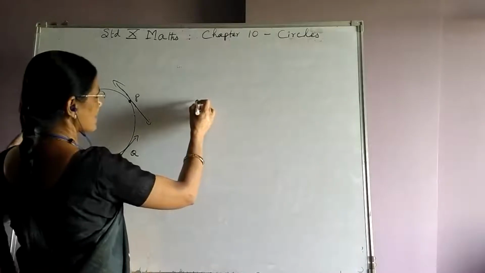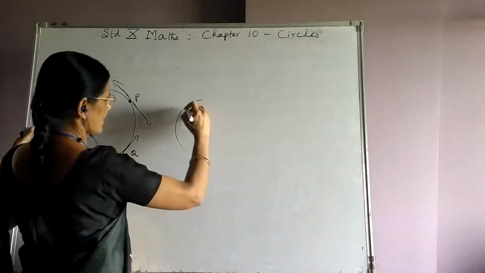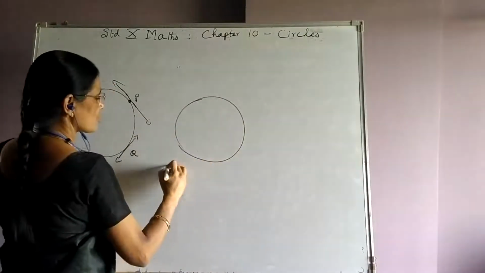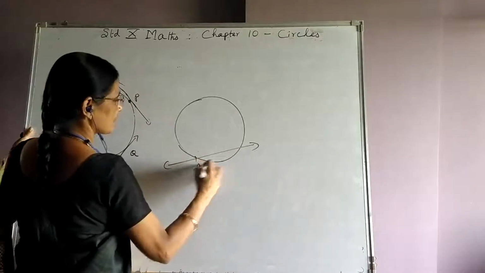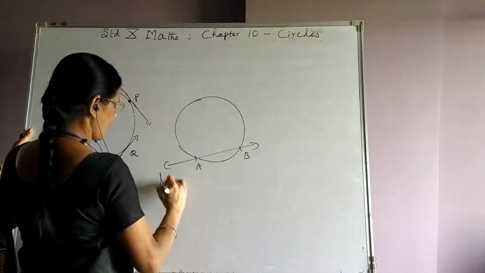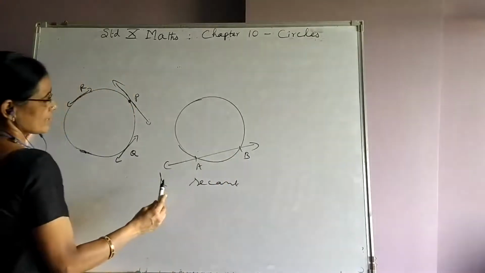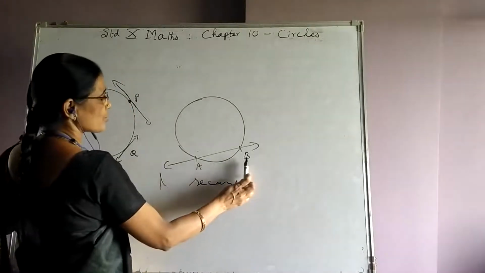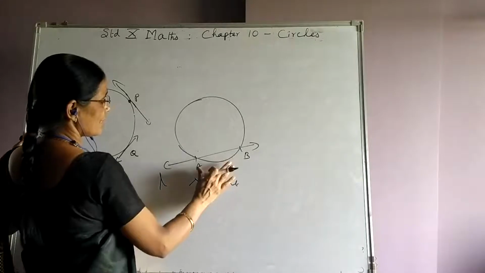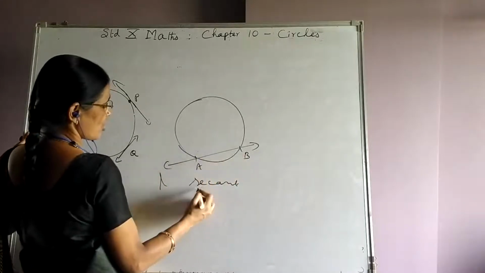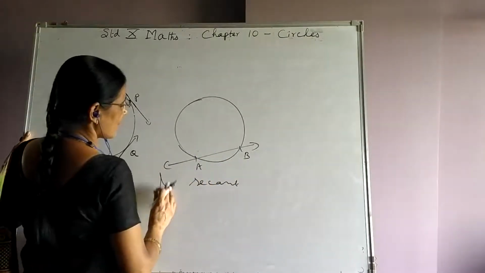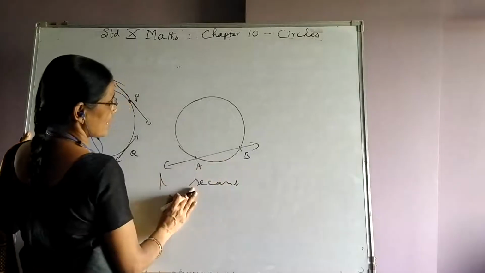When will a secant become a tangent of the circle? We understood what is the secant of the circle, right? So here this line L is called a secant of the circle because it intersects the circle at two distinct points, or we say it contains a chord of the circle, hence it is called a secant of the circle. When do we say the secant becomes a tangent?